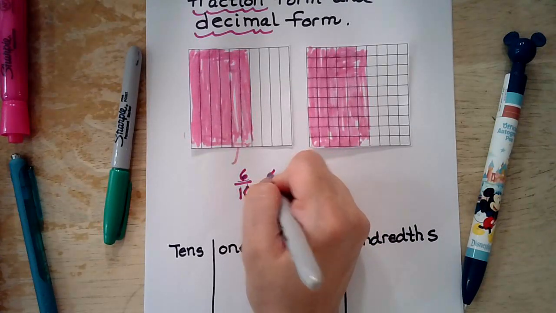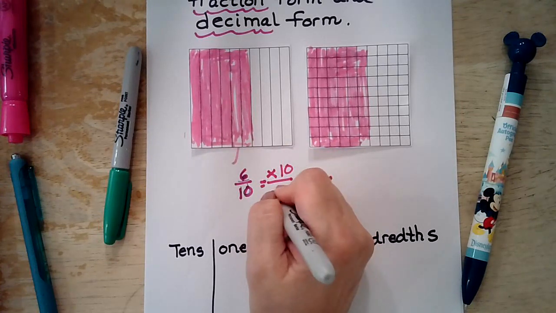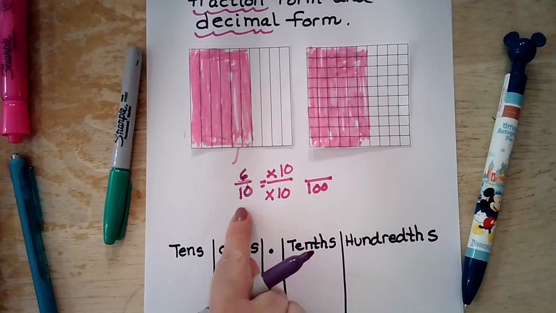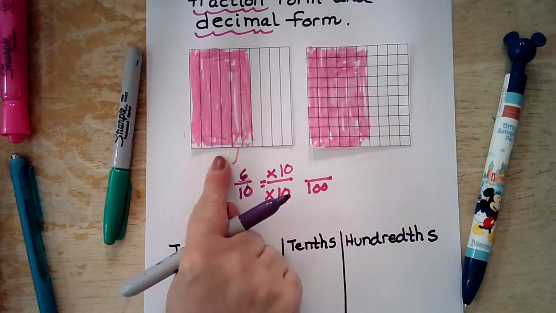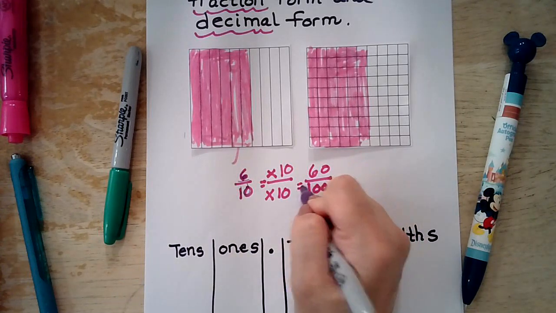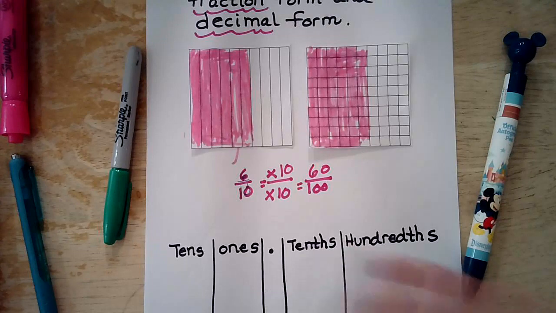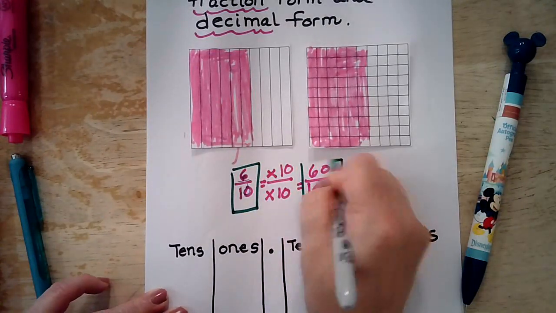So we're going to multiply the top number by 10 and the denominator by 10. So it went from 10 to 100, and from 6 here to 60 there. And we just found our two equivalent fractions. 6/10 is the same as 60/100.